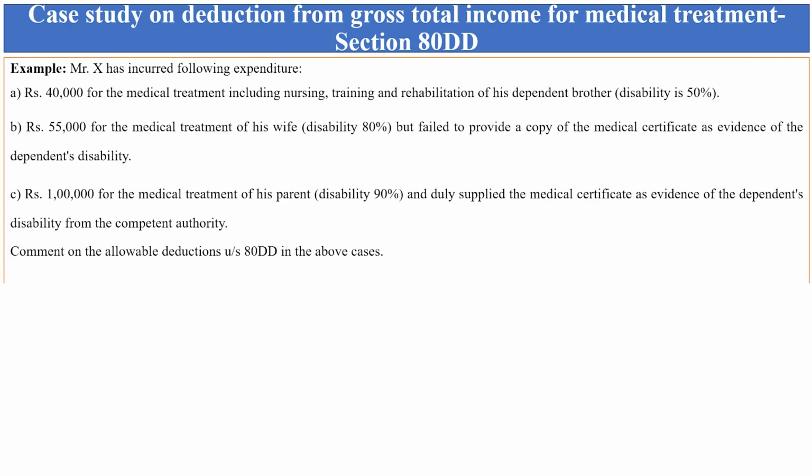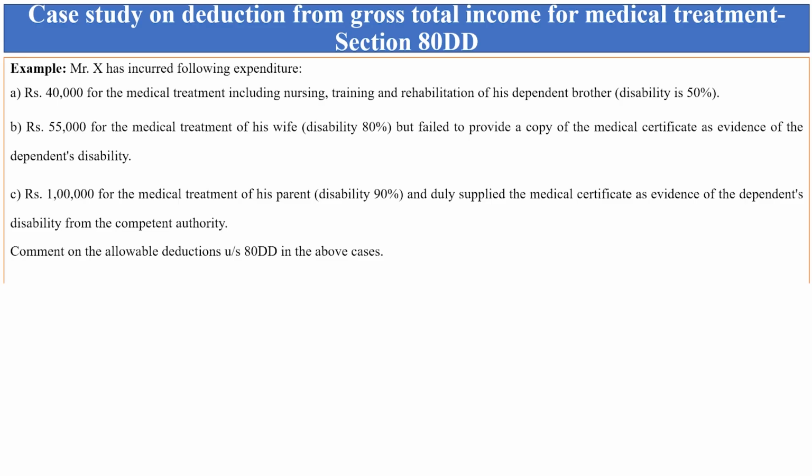In the second point B, 55,000 rupees paid for medical treatment of his wife, disability 80%, but failed to provide a copy of the medical certificate as evidence of the dependent's disability. Rupees 1 lakh for medical treatment of his parent, disability 90%, more than 80%, and duly supplied the medical certificate as evidence of the dependent's disability from the competent authority.